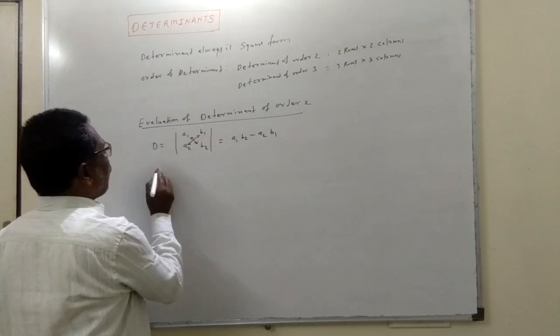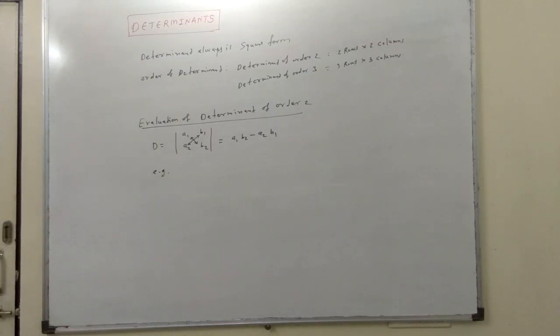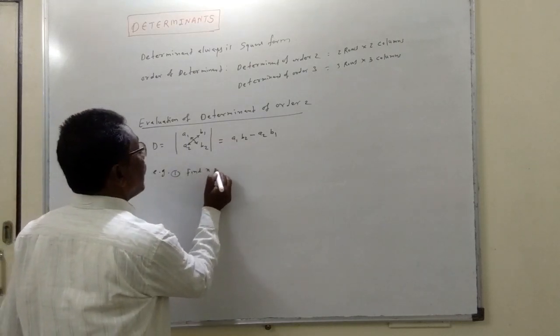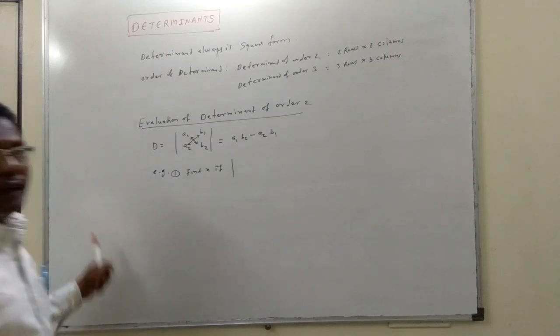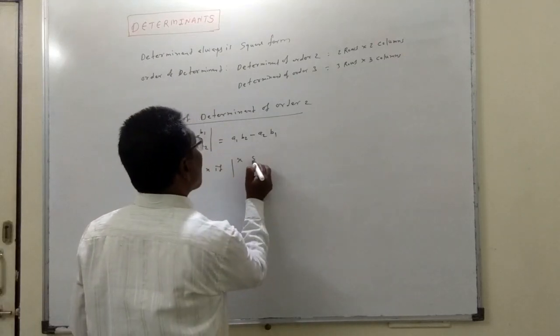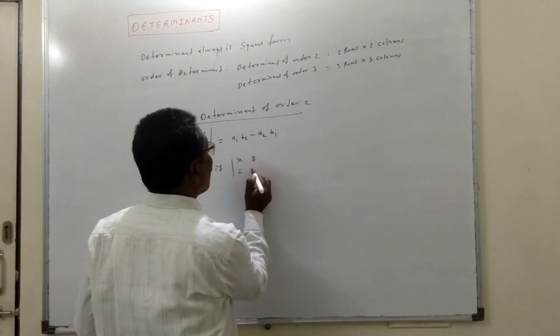Now, for example, how will I apply this? So you see, find x if the determinant x 8 2 x is equal to 0.